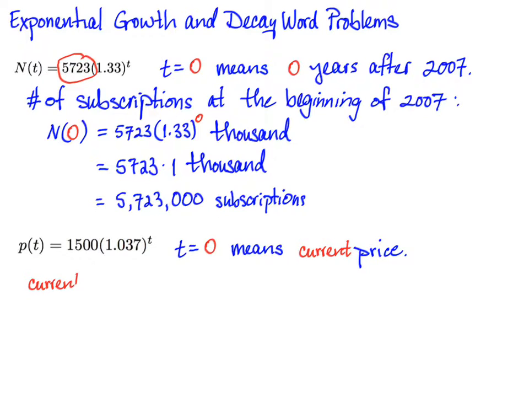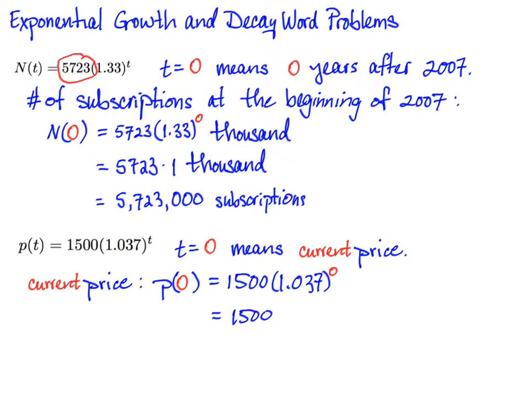So plugging in t equals 0 to get the current price, we get p of 0 equals 1,500 times 1.037 to the 0, and again, we just get that number, 1,500.